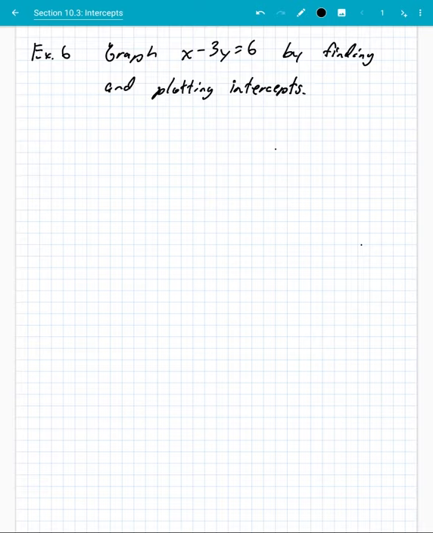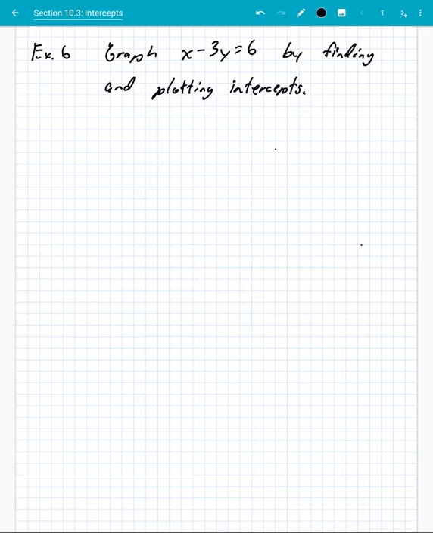Now be careful when you do your homework, because your homework will either say graph the equation, or it'll say graph the equation by finding the intercepts. So really you can graph any equation in the method that we used in the last section by plugging in any random point. But be sure to read your instructions on My Math Lab. If My Math Lab says graph by finding the intercepts, you have to find the intercepts to graph it.